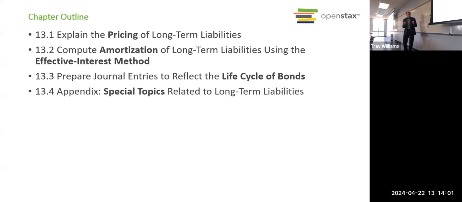Otherwise, it gets confusing. We'll look at journal entries. For example, when a company issues bonds, when they pay out the interest on the bonds, and when they pay off the bonds. How do they journalize each of those steps? And special topics related to long-term liabilities.